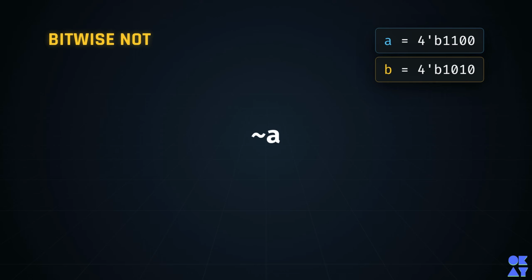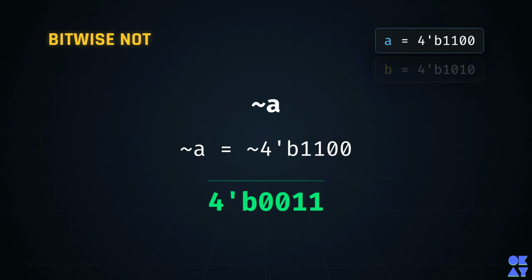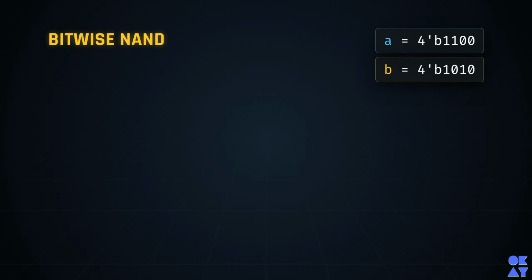We already learned this in unary operators. It works on only one operand. Let's take A. A equals 4-bit 1100. Flip all bits. 1 becomes 0, 0 becomes 1. Result, 4-bit 0011.